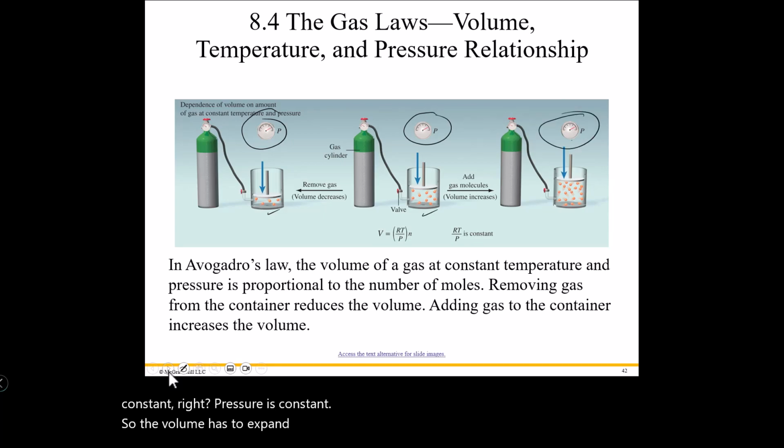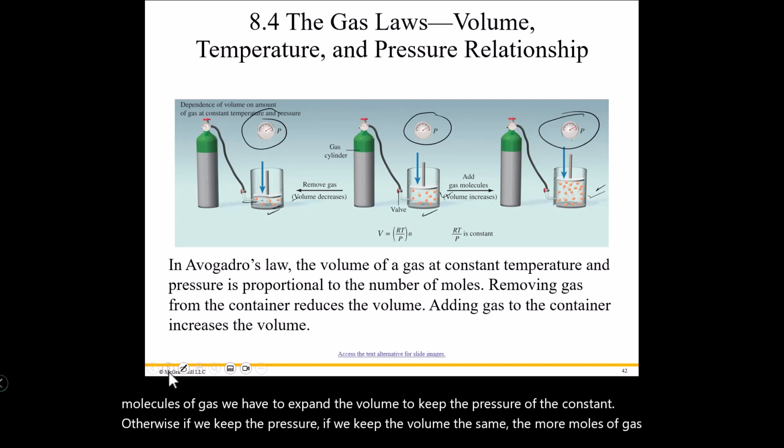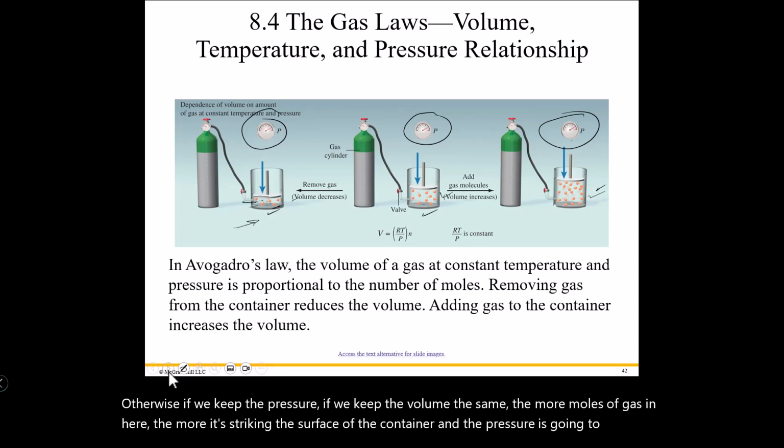As we add more molecules of gas, we have to expand the volume to keep the pressure constant. Otherwise, if we keep the volume the same, the more moles of gas in here, the more it's striking the surface of the container, and the pressure is going to go through the roof.